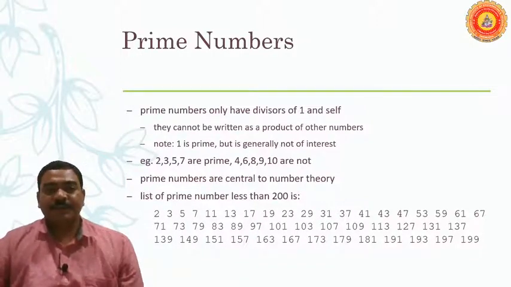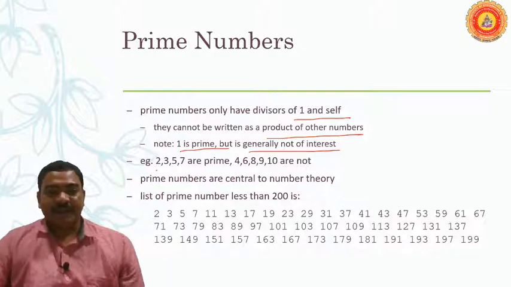Prime numbers only have divisors 1 and themselves. They cannot be written as a product of other numbers. Note, 1 is prime but is generally not of interest. The numbers 2, 3, 5, 7 are prime; 4, 6, 8, 9, 10 are not prime.